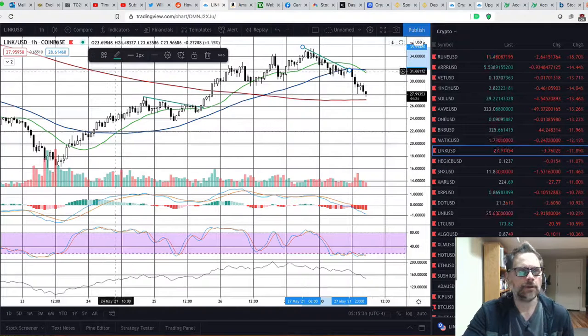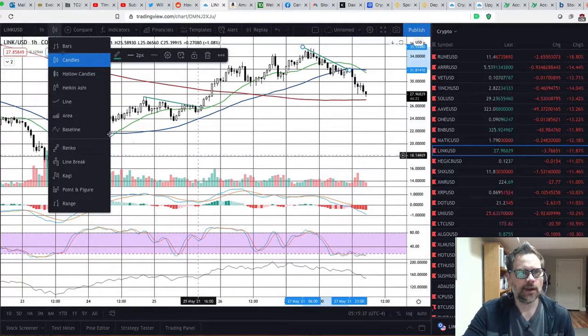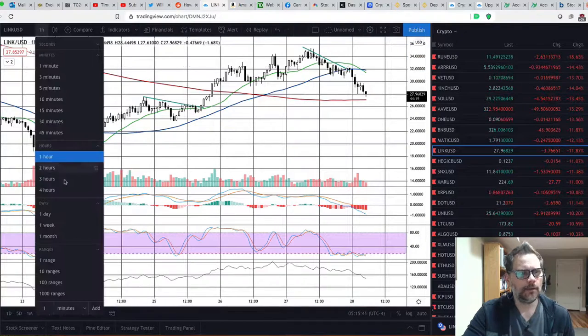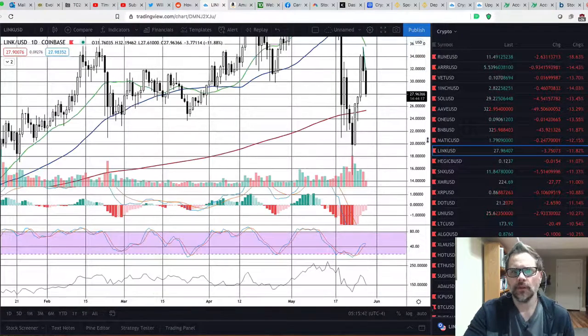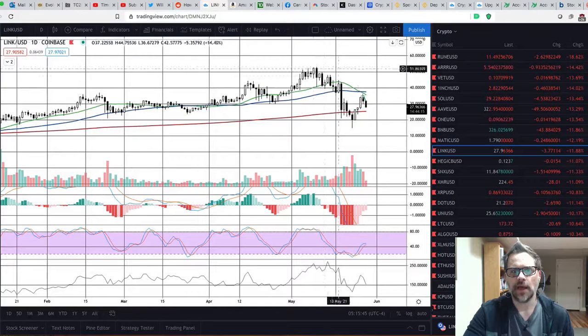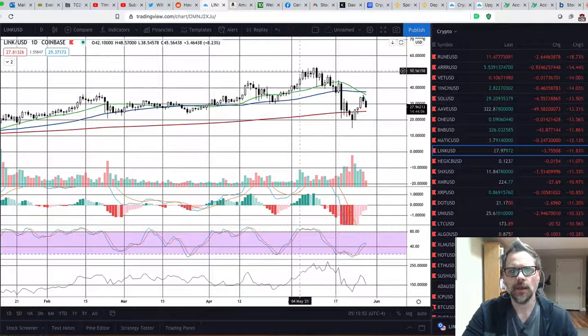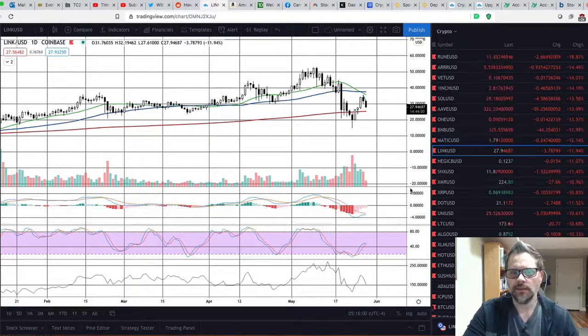And so what will happen with a lot of these stocks, if I go back to a 1 day, is you've now established a lower high at this point. It's not 100%. You have to give it time sometimes, but we had this drop and now we have a lower high. So there's a possibility that things decline from there.